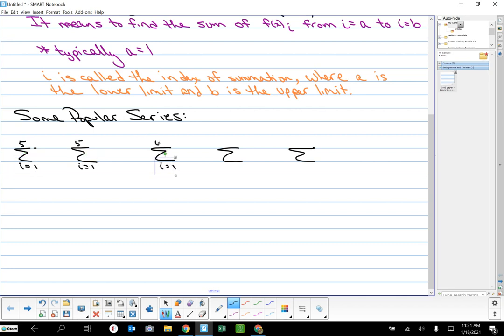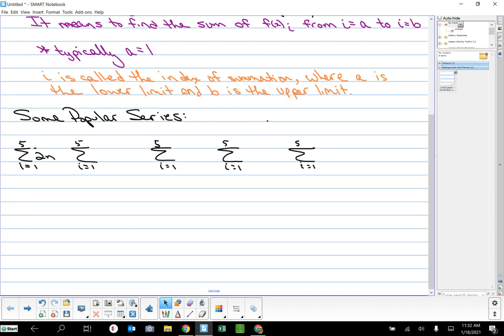So the index of summation is going to be from 1 to 5. Okay, and then here's what we're going to sum up. The first one's going to be 2n, or 2i, I guess.